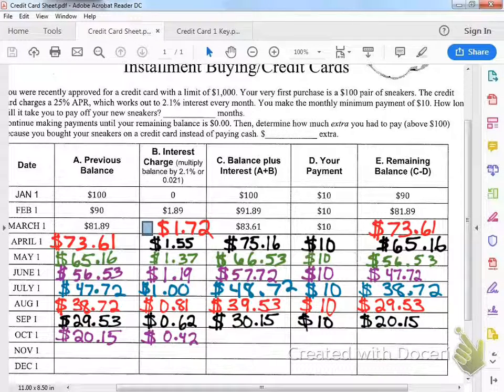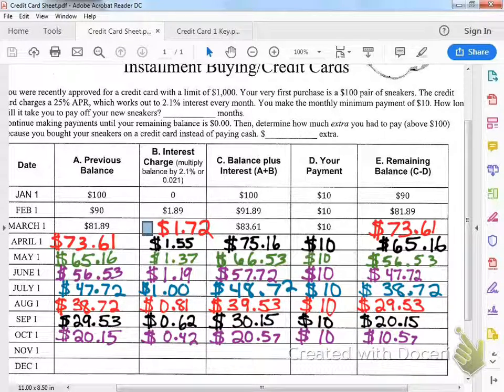So $20.15 plus 42 cents is what? $20.57. Once again, you are just sending in the minimum, 10. Now you owe $10.57.